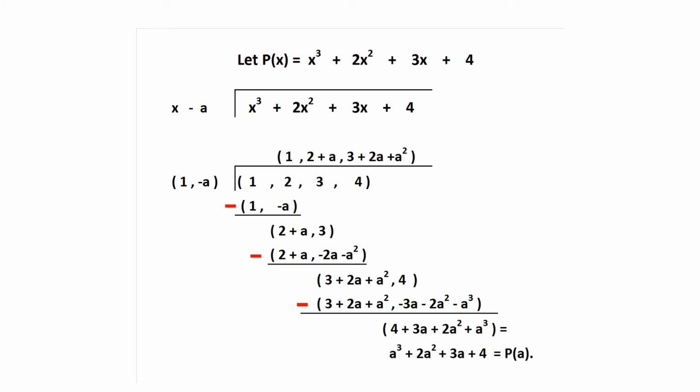Now that is an approach with the remainder theorem. However, what I'm going to show you next is that we don't want to take all those steps. So we've got 3 ways of determining P of a. We can do the remainder theorem, simply plug it in, and we see by all the little steps we do, that's essentially what we're doing with the remainder theorem, and we can do it by the tuple approach.